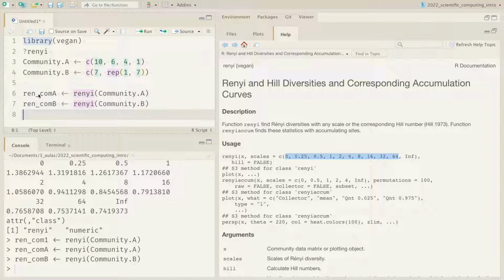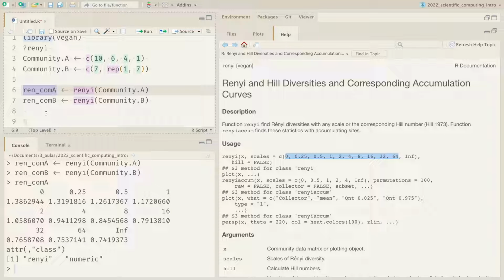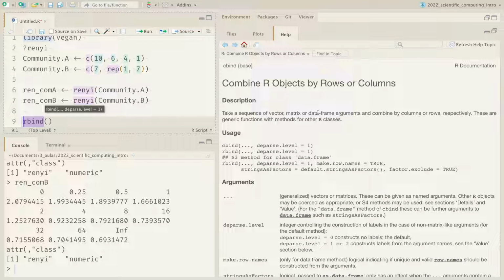And how do we plot this at the end? Because we have the same dimensions in both vectors, we can use one of the binding options, like rbind. The help says you combine the objects by row or column.